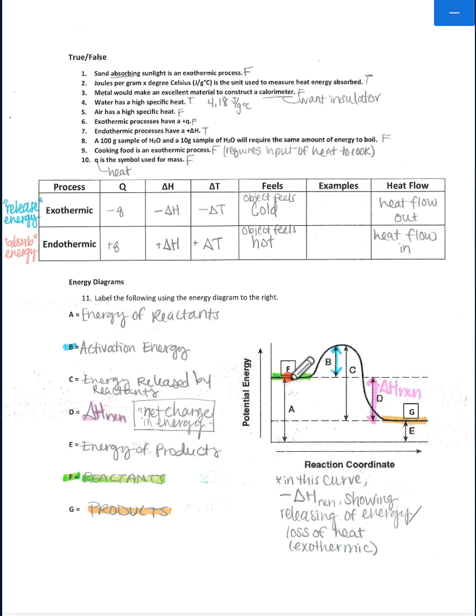And I'm starting at F and I end with G. But rather than just going straight down, or gradually curving down, we actually curve up. And what that's showing you is that you actually have to input energy into the reaction for it to go, even though the energy associated with your products is lower, okay?